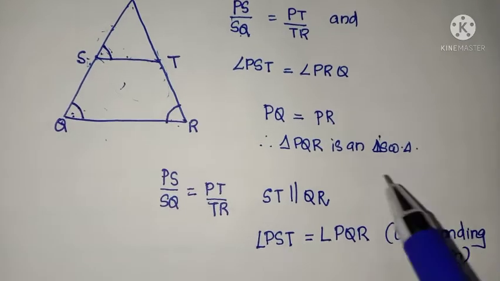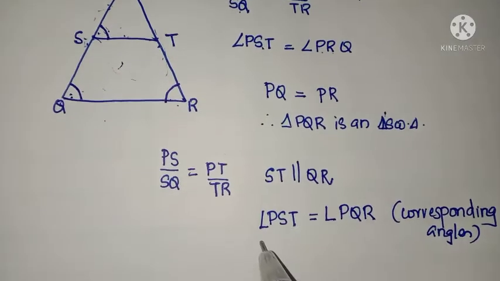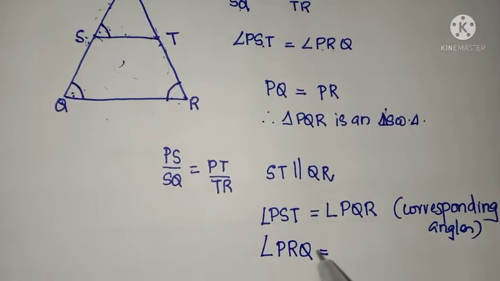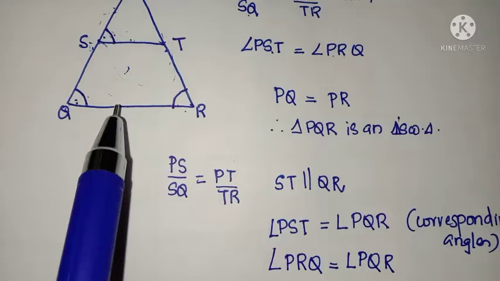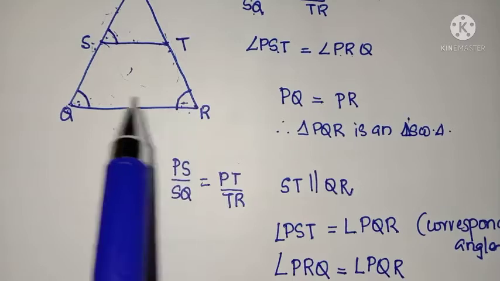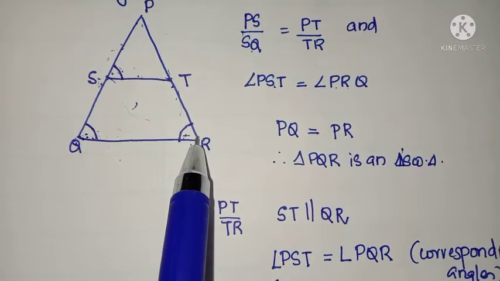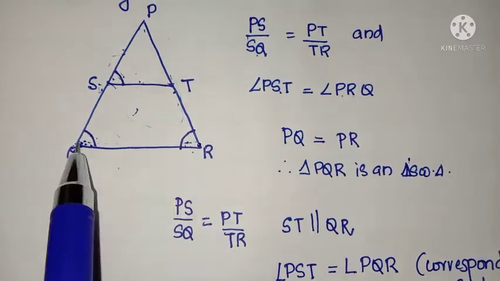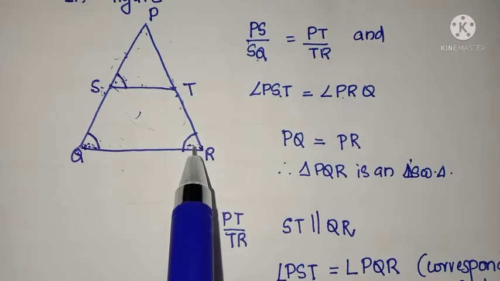Now listen, in the question it is given that angle PST is equal to angle PRQ. So replace angle PST with angle PRQ. So angle PRQ is equal to angle PQR. These are the base angles of this triangle, and these two angles are equal.